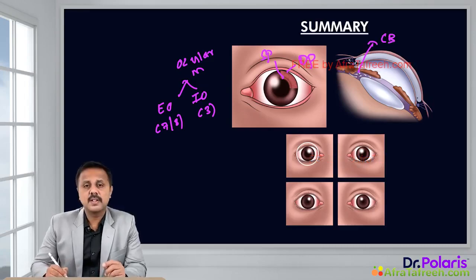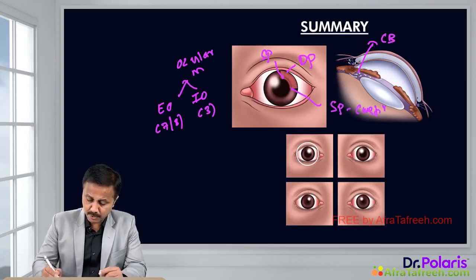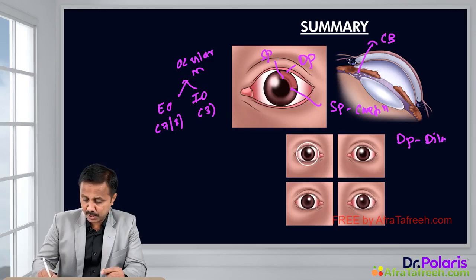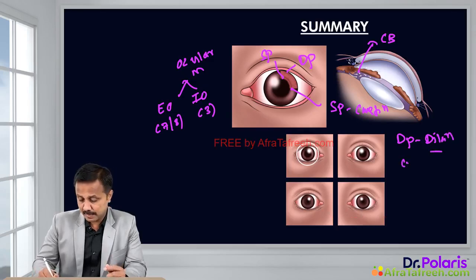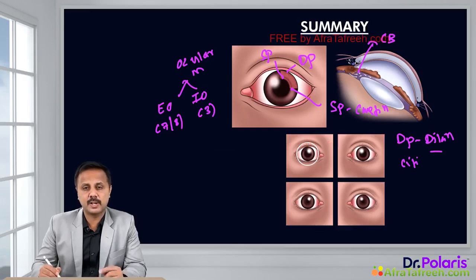The actions of each muscle we discussed. The sphincter pupillae will result in constriction of the pupil, whereas dilata pupillae brings about dilatation of the pupil, whereas ciliaris muscle is responsible for improving the aqueous flow, as well as playing an important role in the accommodation reflex.